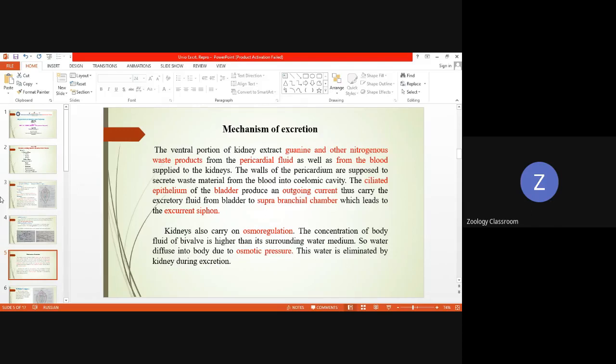So they need to conserve the water in the body as well as the salts. That function is also performed by the kidneys in the marine animal. Okay, I think you got the point. So excretion and osmoregulation is the function of this.